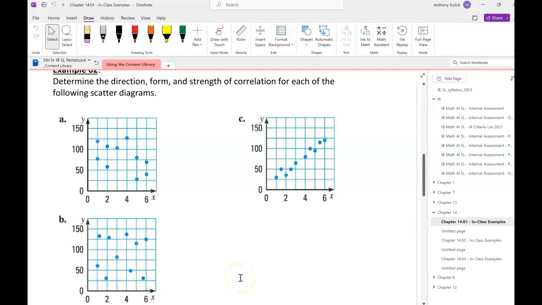Maybe. The form is like the shape. Linear. Okay. The correlation, B. That's not linear.